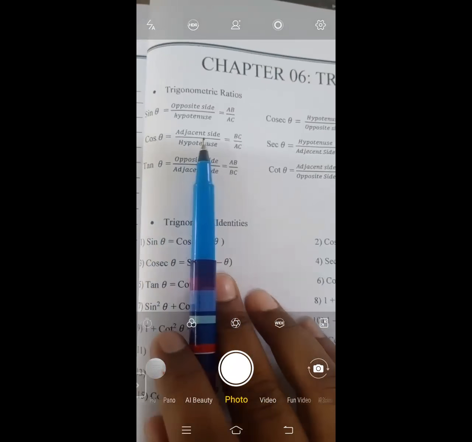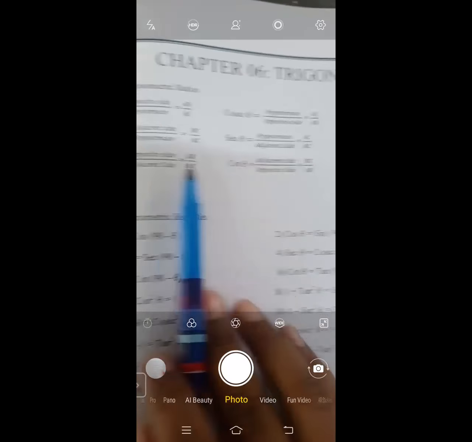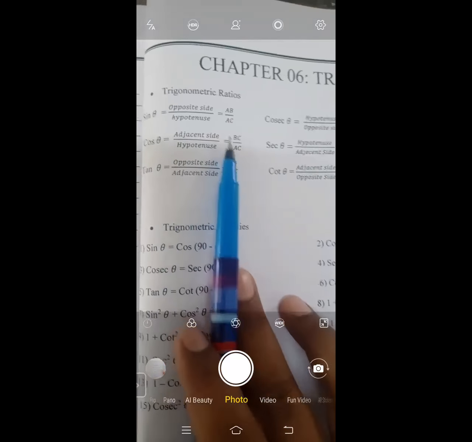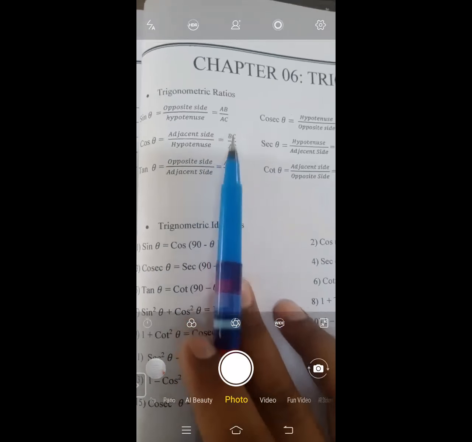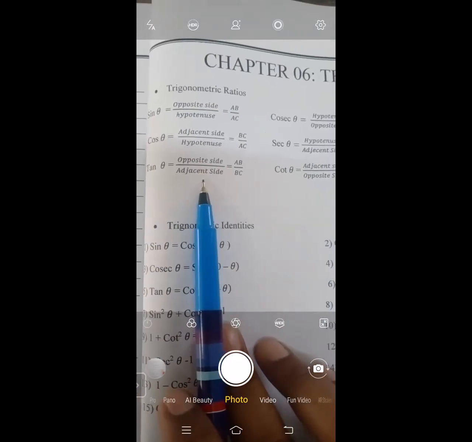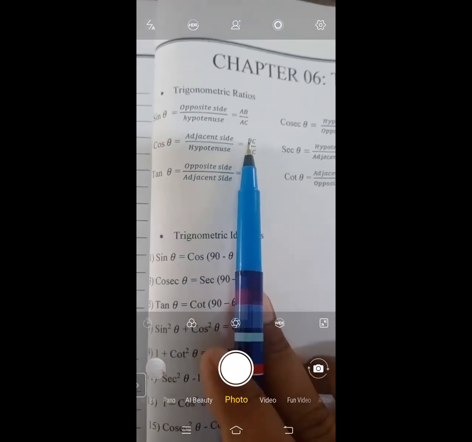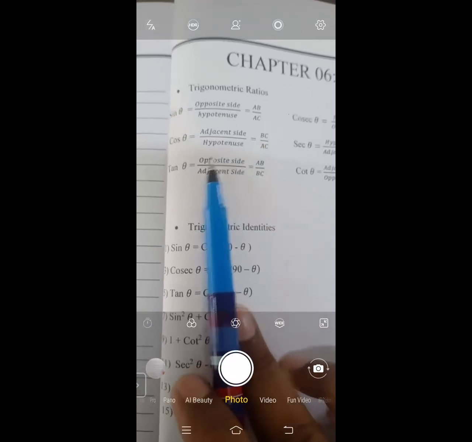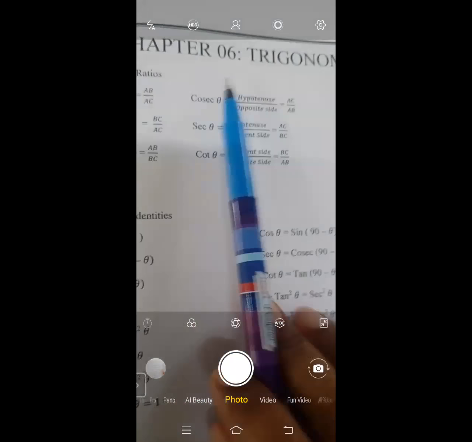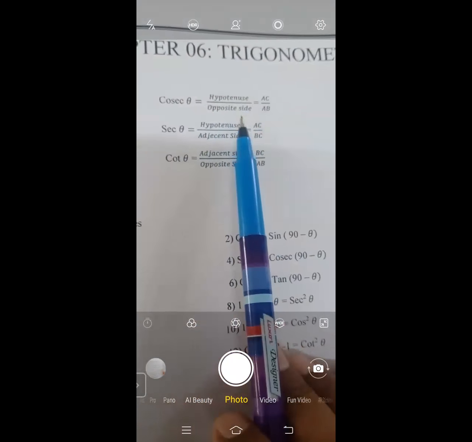Cos theta is equal to adjacent side upon hypotenuse, which is BC upon AC. Hypotenuse remains as it is; you can see that the denominators are the same. Tan theta is equal to opposite side upon adjacent side, which becomes AB upon BC. Cosec theta is equal to hypotenuse upon opposite side.